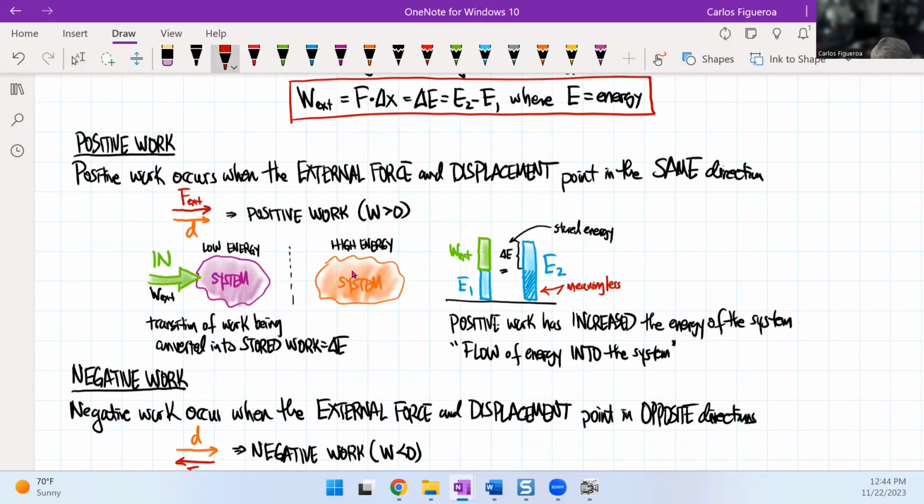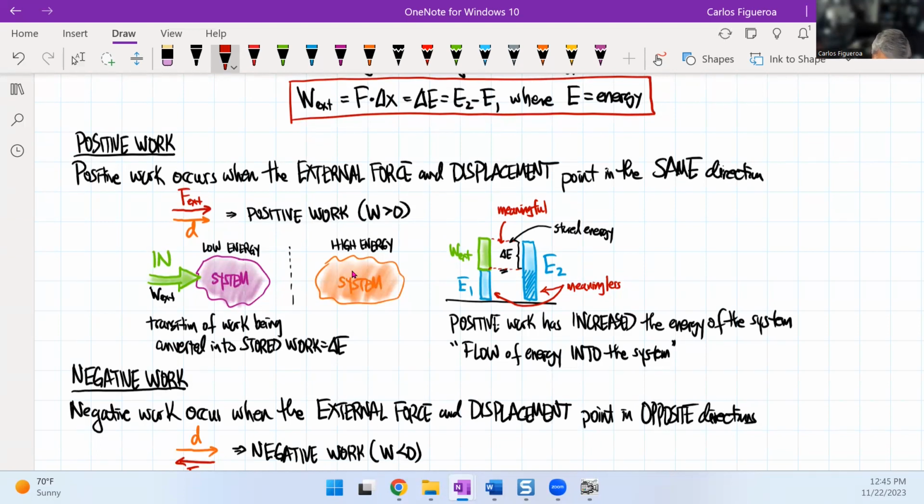The only thing that's meaningful is what's given by the work energy theorem, this change in energy.